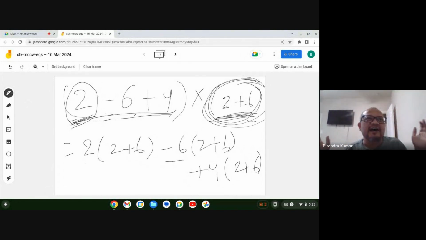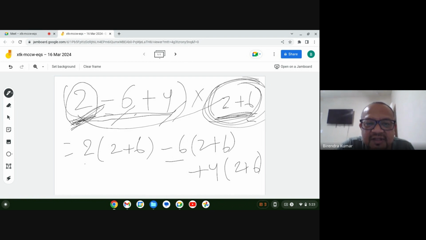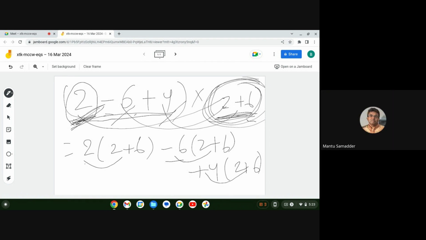Or I can say I, my wife, and my kid all together and then multiply that with something. So here I'm breaking it down. I will eat something, my wife will eat something, my kid will eat something. That is how you break it.